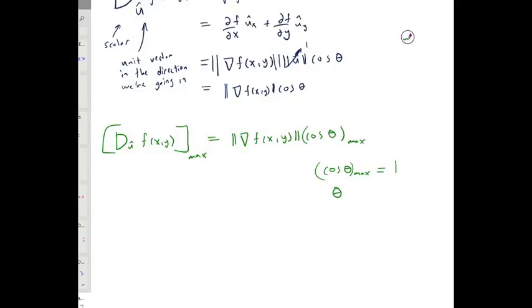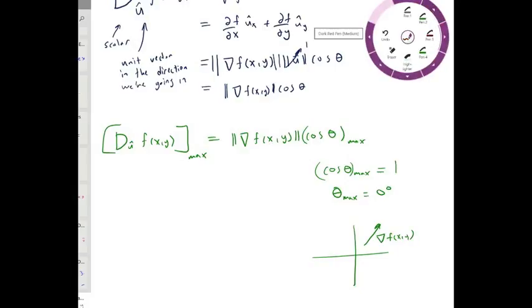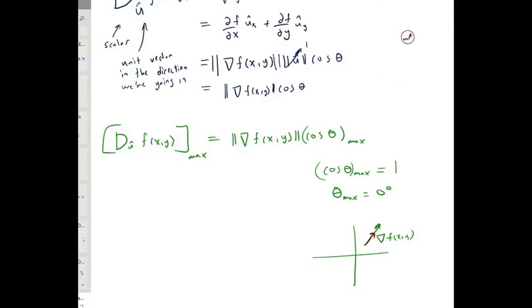And theta must equal 0 degrees. So that means that the gradient vector and the unit vector of the direction we're going in have no angle in between them, so they're pointing in the same direction. So the maximum rate of change of f of x, y is equal to the magnitude of the gradient.